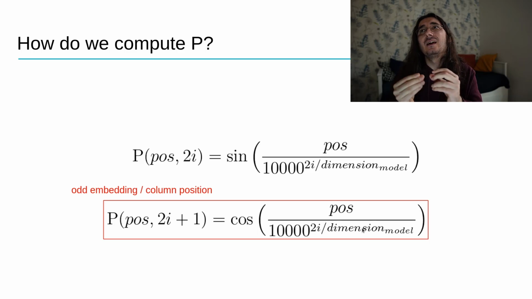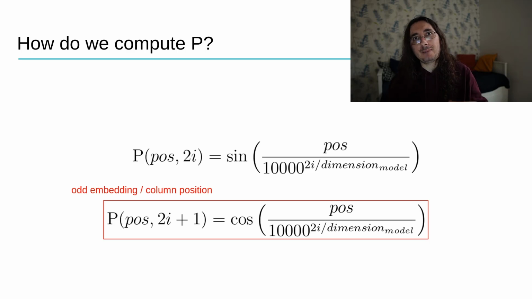So the dimension of the model is the embedding dimension of the input embedding, so how many features we have in the input embedding matrix. I'm sure this is a bit shaky, so let's go through an example.